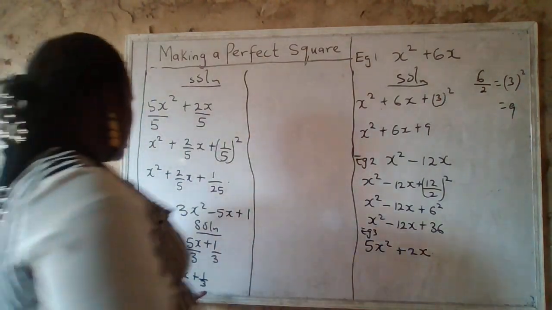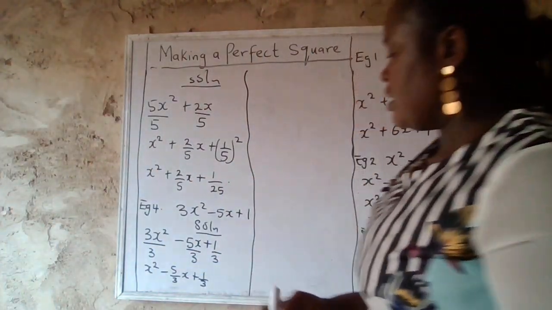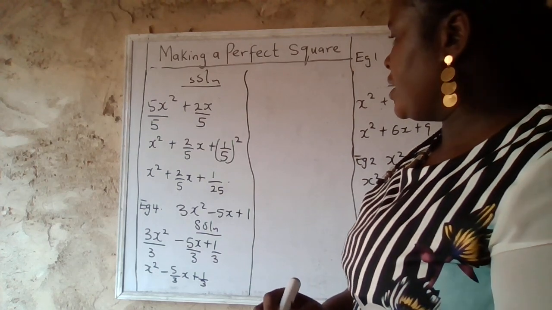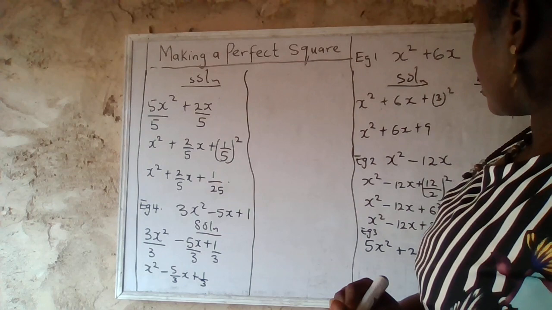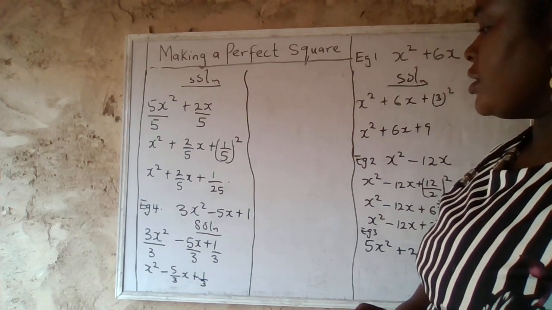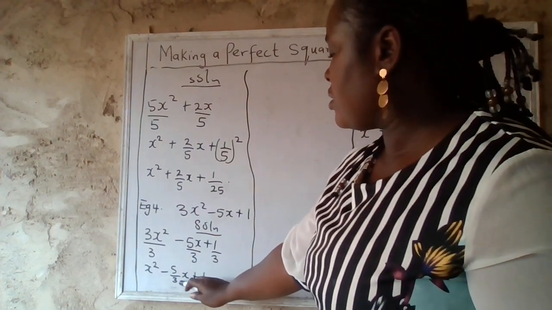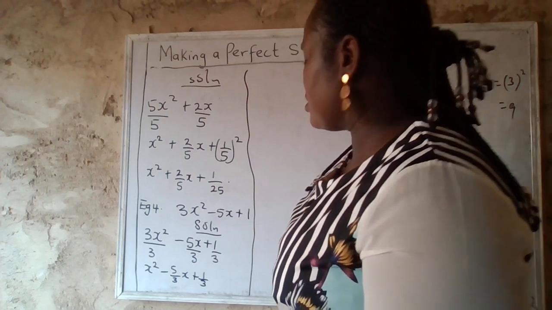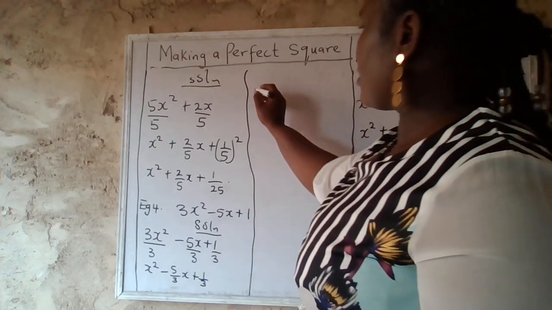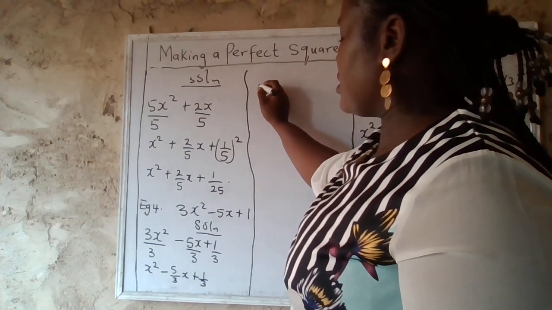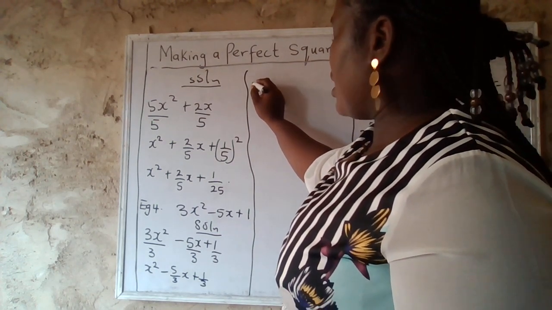Now that I have done this, the next step is to identify the coefficient of x, which is minus 5 over 3.